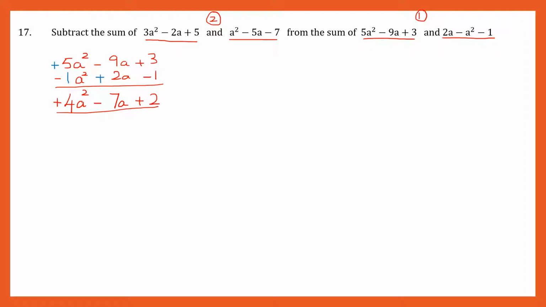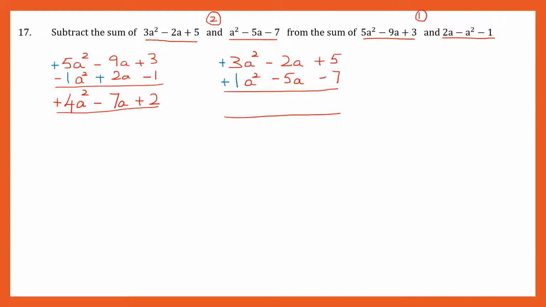Now let's take the second one. 3a square minus 2a plus 5. Below this, a square minus 5a minus 7. Okay, so write down whatever is missing. So we have a plus sign here, plus 1.